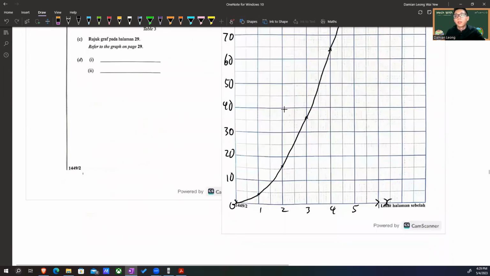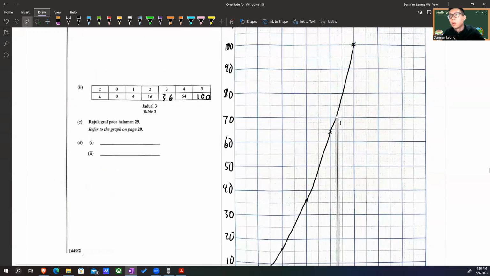So I look for the value of x 4.3, match it to the curve, then go to the vertical axis. So here it is about 73.